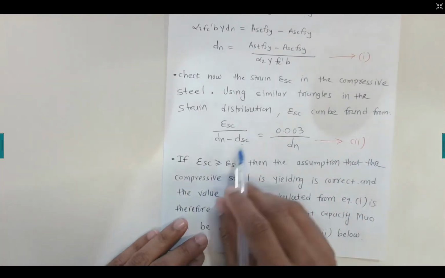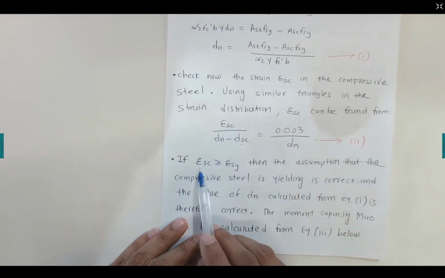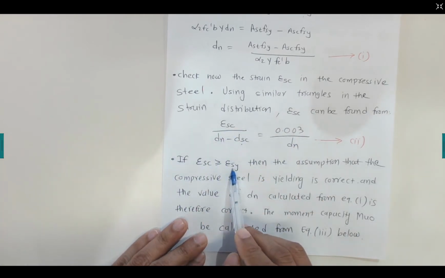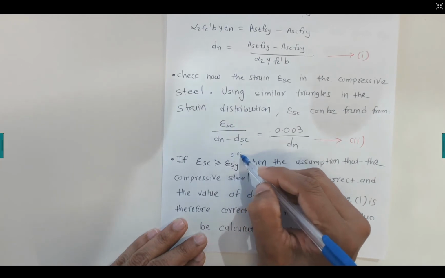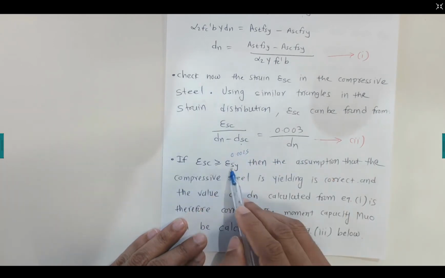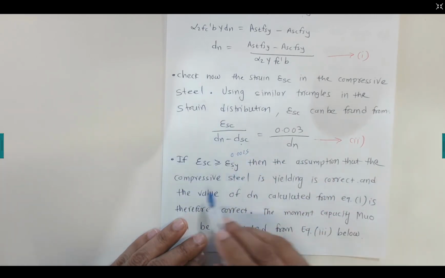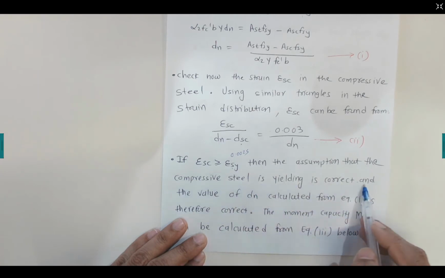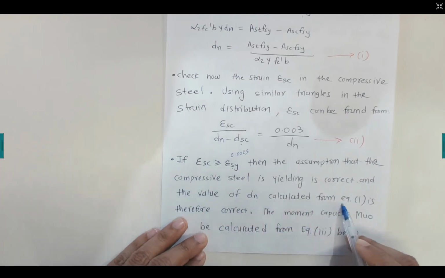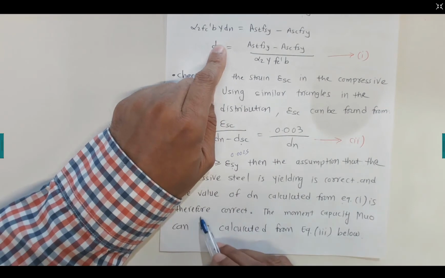So based on these equations we can calculate epsilon sc. Then we can compare with epsilon sy, which is generally 0.0025. If epsilon sc is greater than epsilon sy, then the assumption that the compression steel is yielding is correct, and the value of dn calculated using equation 1 is therefore correct.